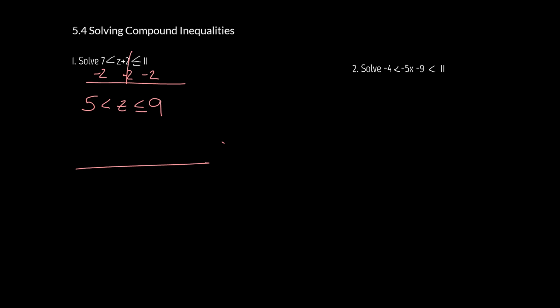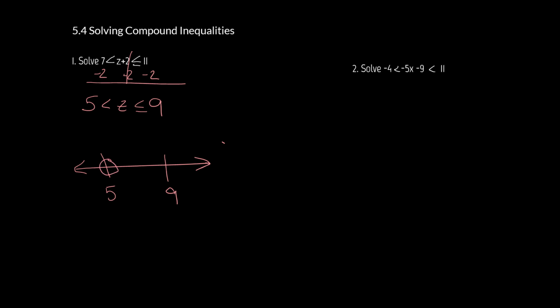Now, if we wanted to graph it, and you are going to have to graph it in this section, I'm just going to make it easy for you and put a 5 and a 9 on the number line. Since this symbol right here is a less than symbol, it's going to be an open circle right here.